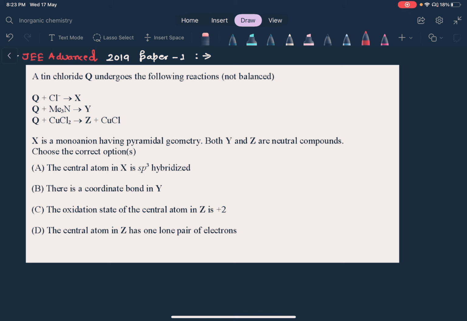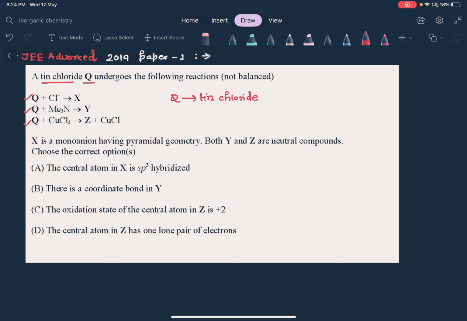So in this question, it is saying that Q is a tin chloride. Now when Q is reacting with the Cl minus ion, it is producing X, and some information is given about X. The X is a monoanion and having a pyramidal geometry.